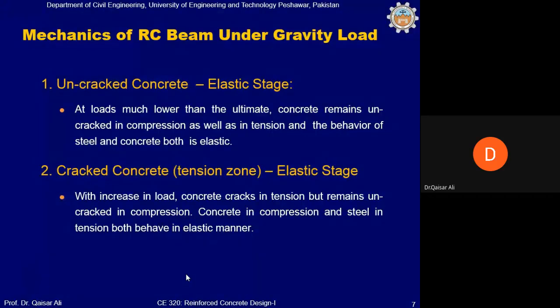Elongation, you understand, increases the length of that portion.